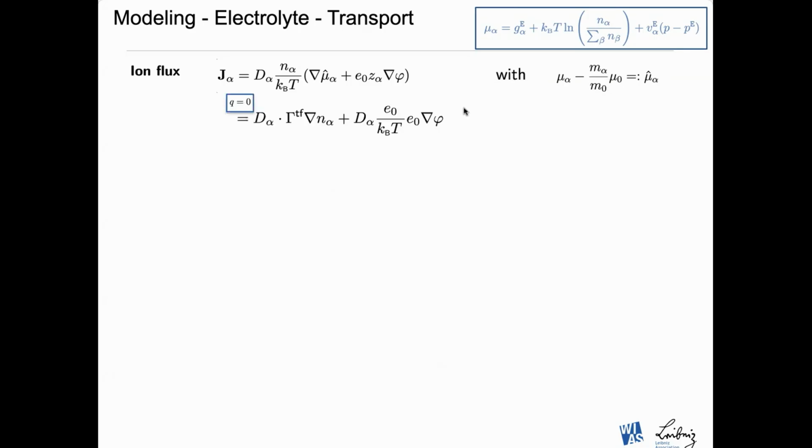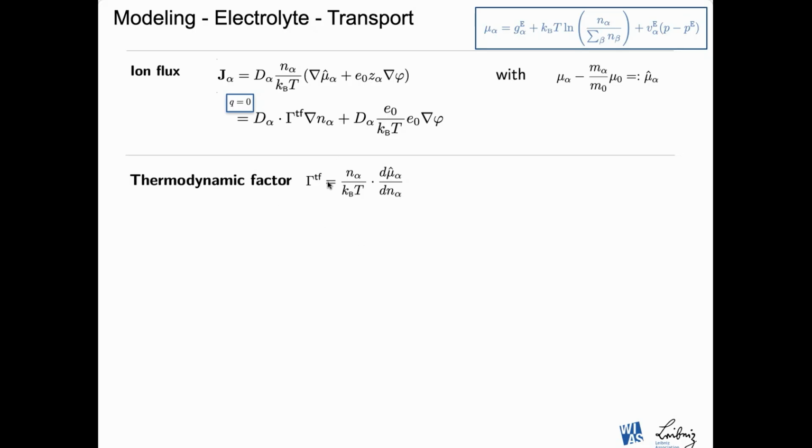And when you try to plug this into a relation which looks like a diffusion equation, you always get this factor which Newman and other people tend to call the thermodynamic factor. This is basically the partial derivative of the chemical potential with respect to concentration. You're doing this in order to obtain a gradient of concentration.